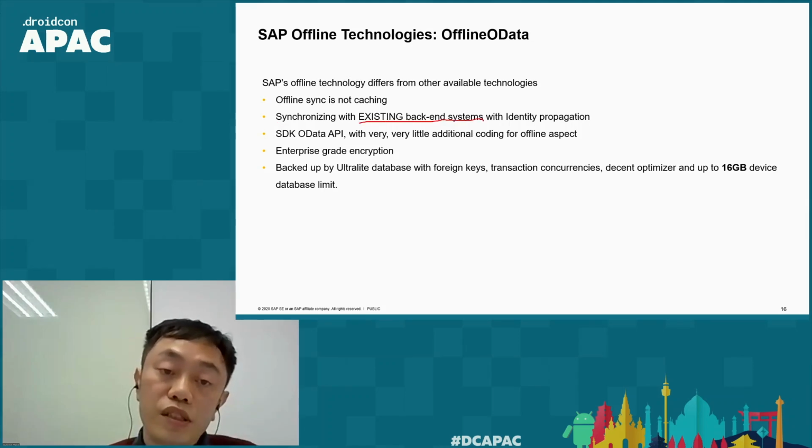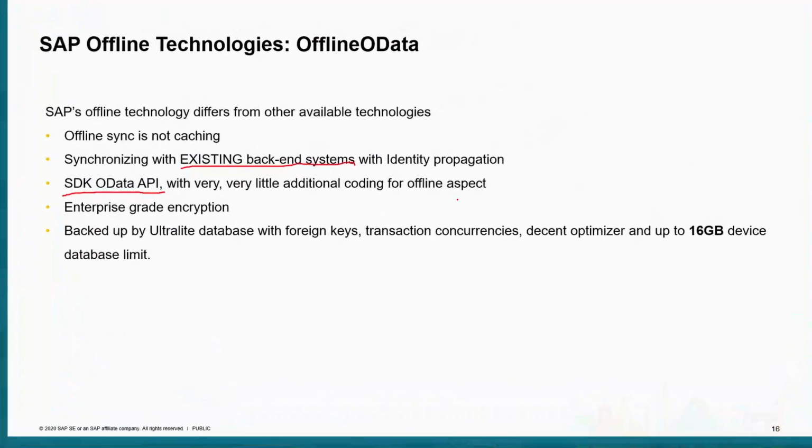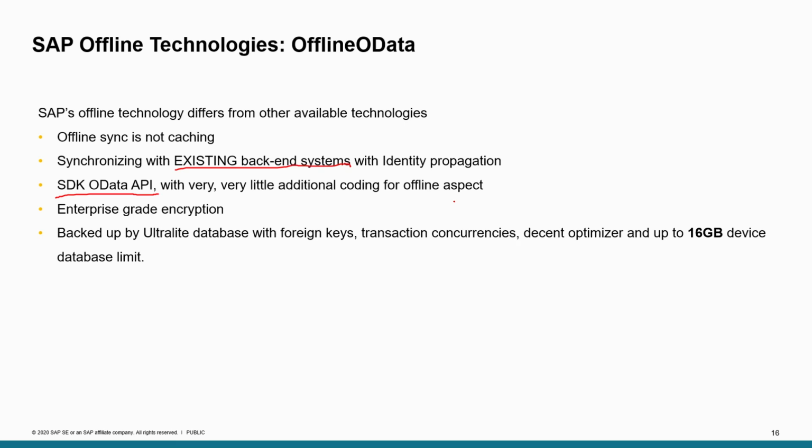So you can talk to the existing backend using mobile service, and we are able to propagate your device identities through mobile service to the backend. And also we offer a very simple to use API, the OData API. You can write very, very little code for the offline aspect. So the majority of your code is just dealing with your business logic.